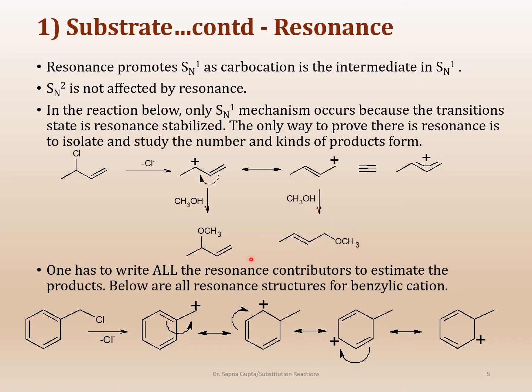Now, once you look at these two products, you're like, they don't look the same. And they don't look the same, and that is how we know that there was resonance in there. So if we did not get two products, if we would just get one product, we know there is no resonance. But because we got two products, we know there was resonance. Why was there resonance? Because of the allyl cation, because of the location of the chlorine.